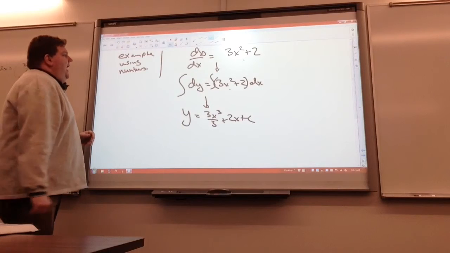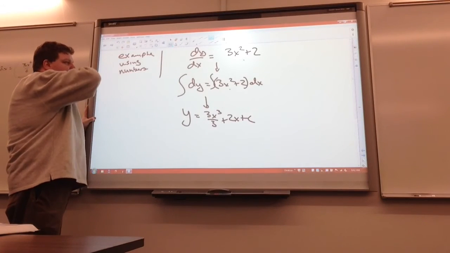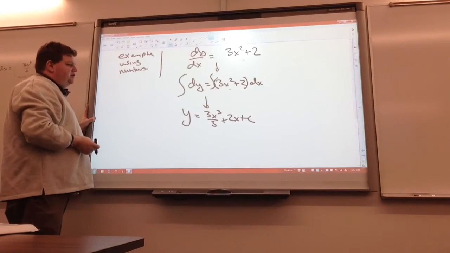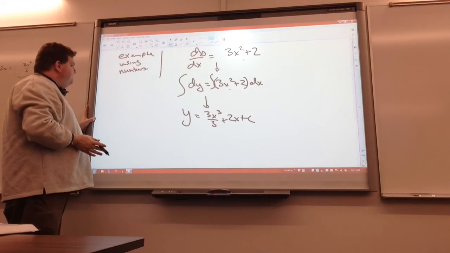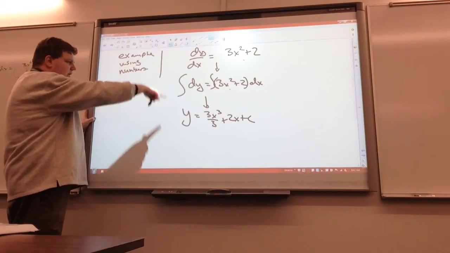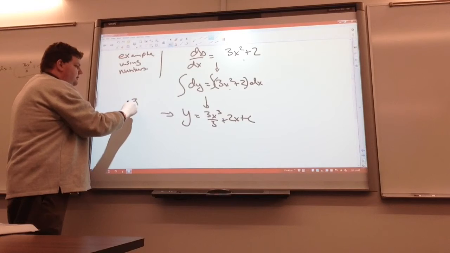So this is an example of how a typical differential equation works. So this would be the general solution.